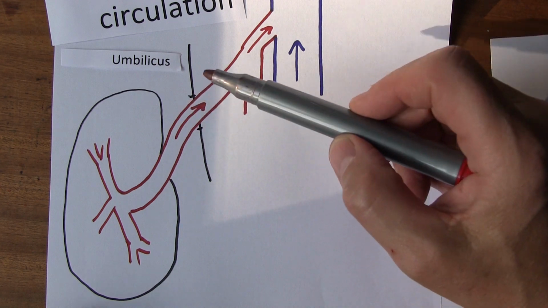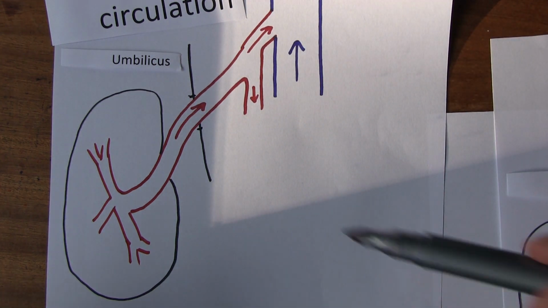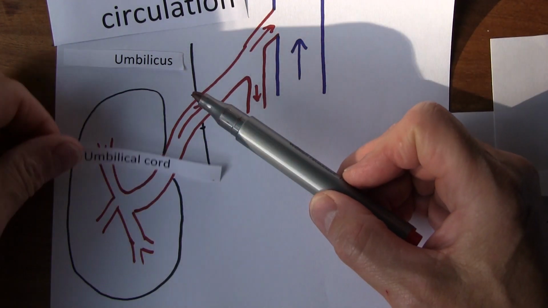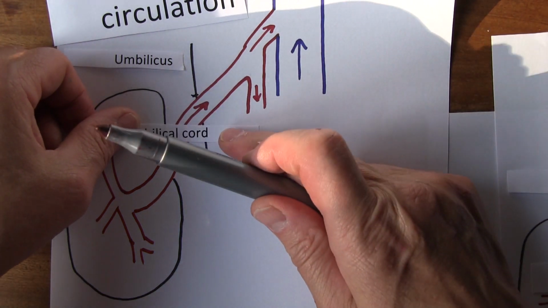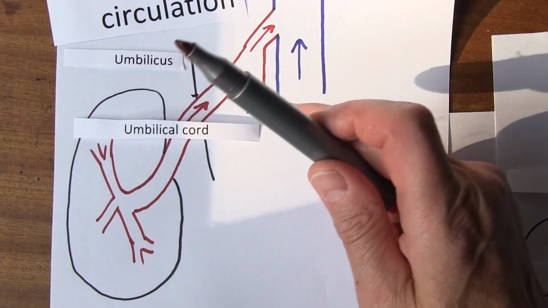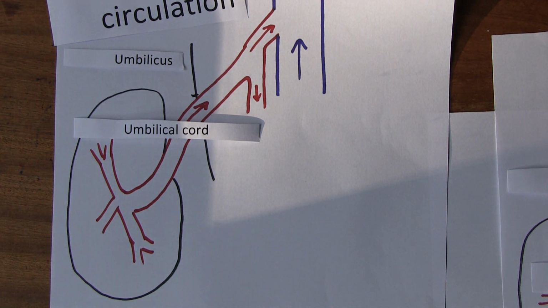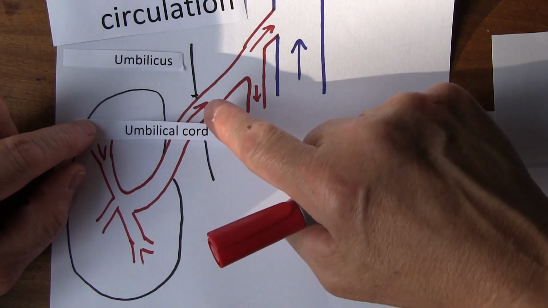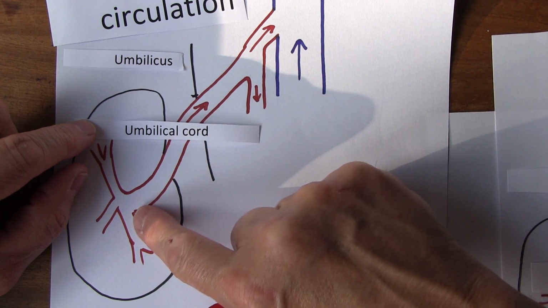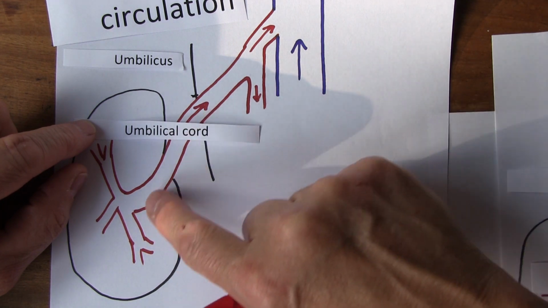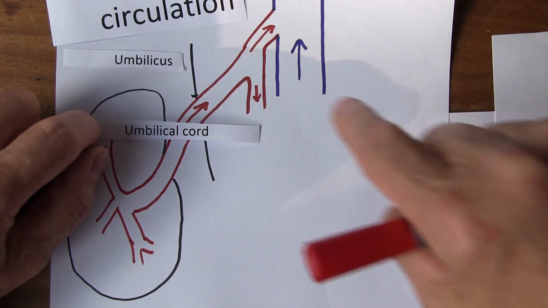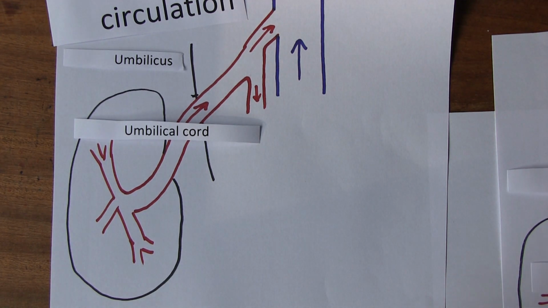So it's going through the umbilicus, and this part from here to here, that's going to be the umbilical cord. So the umbilical cord is going to be there. And we've already noted it contains the two umbilical arteries. We now note that it contains the umbilical vein as well.